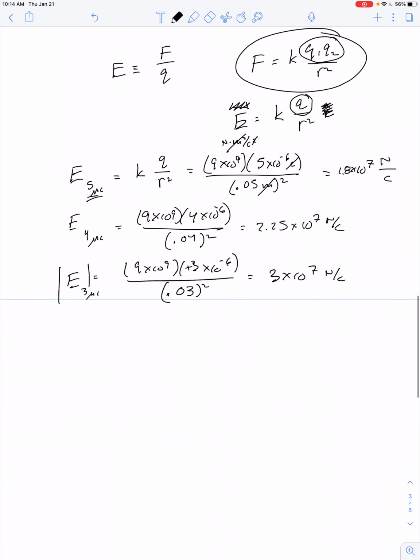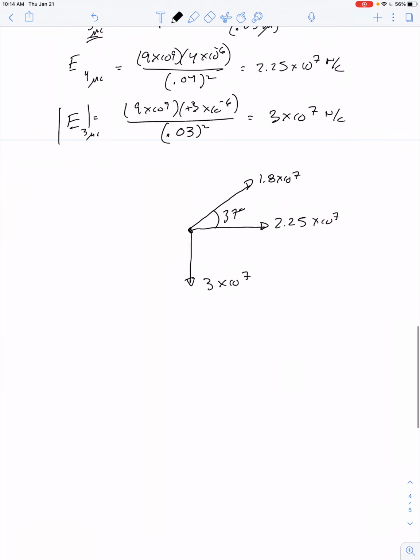Okay, so again, if we draw this as a vector, we have 2.25 times 10 to the 7th, 3 times 10 to the 7th, and 1.8 times 10 to the 7th at an angle of 37 degrees. So we try to make this a resolved vector diagram.